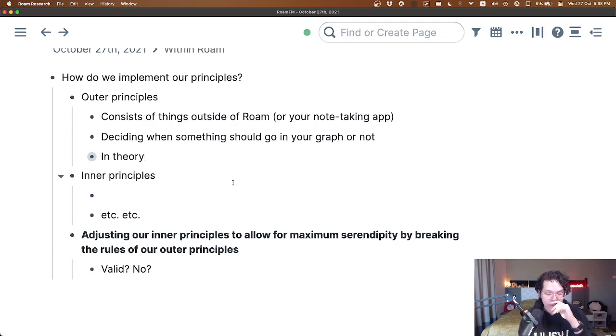As mentioned in the previous video, inner principles deal with semantics, how you write things down. How do you make it come up? How do you make it useful? How do you recall these things? How do you ensure that what you've observed will serve you in the way you intend it to serve, for example if it's not too struck by bias?